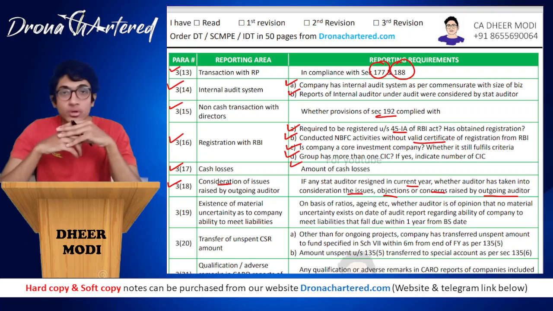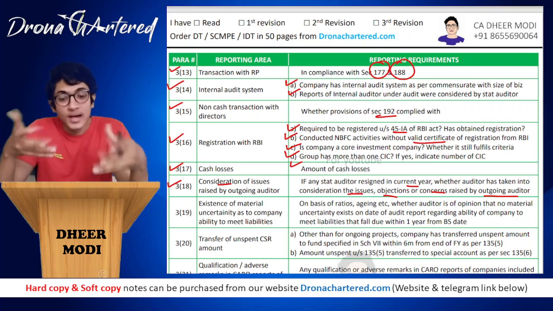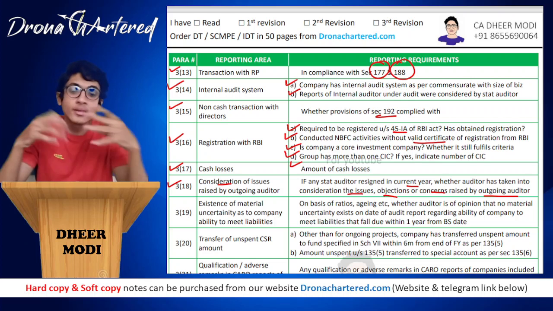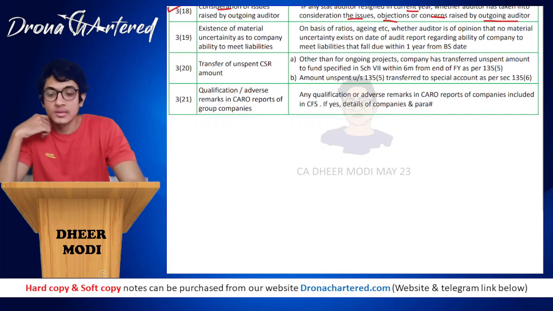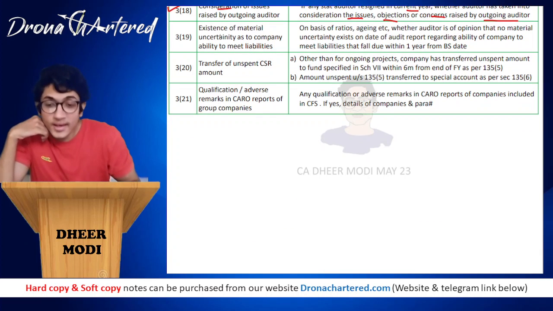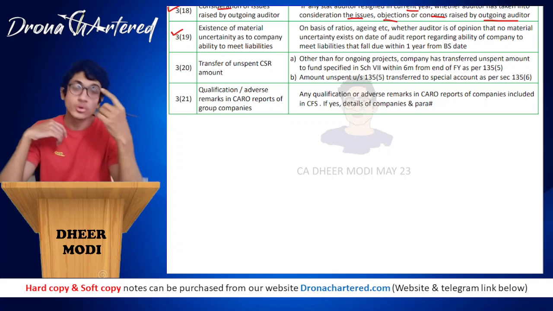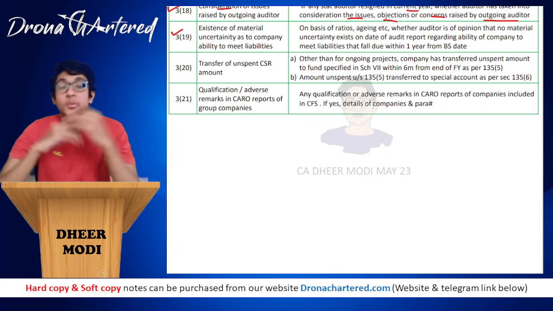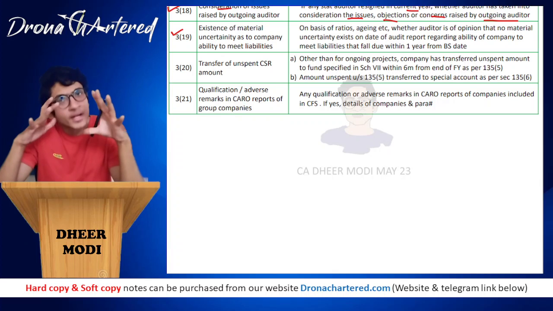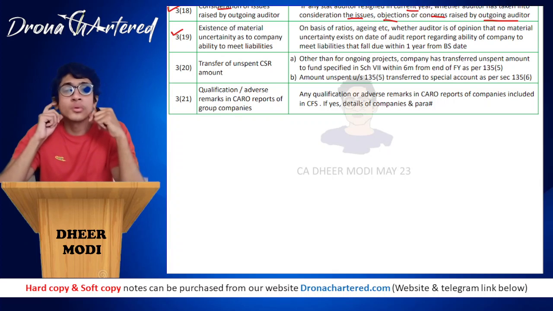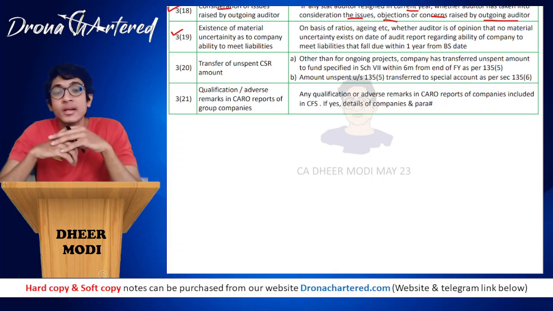So whether the incoming auditor has checked whether the outgoing auditor has raised any concern and has given them any consideration. Okay, then next is the existence of material uncertainty as to the company's ability to meet liabilities. So your clause number 19 talks about whether there are any uncertainties that maybe the company will not be able to settle its liabilities, or any liabilities that are incoming.